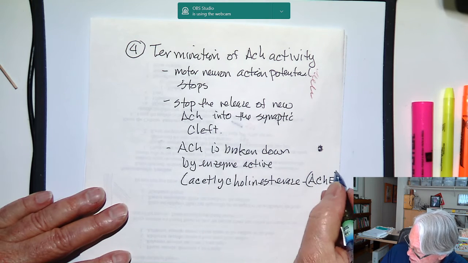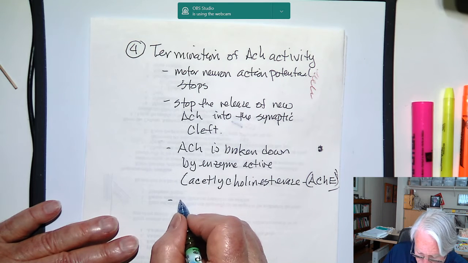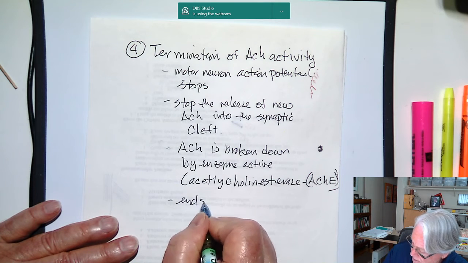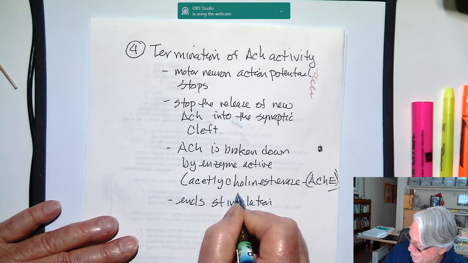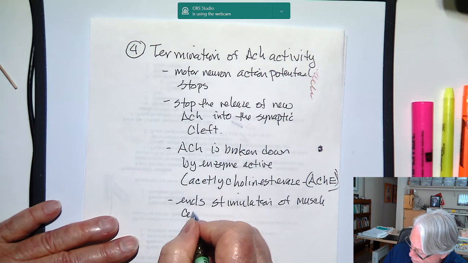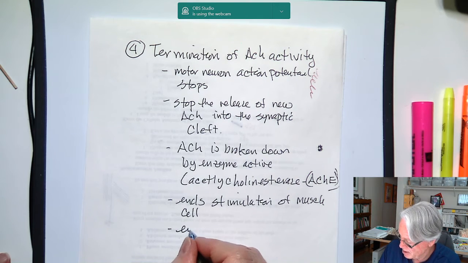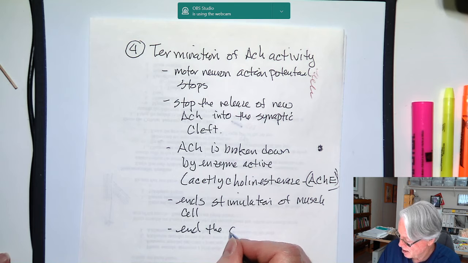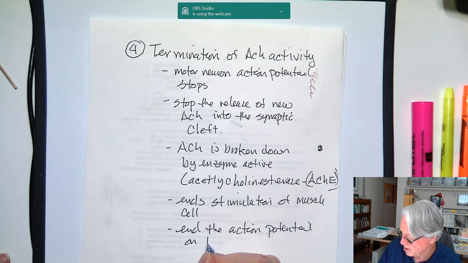So acetylcholine esterase. And that's going to end stimulation of the muscle cell. That will end the action potential on the muscle cell membrane.